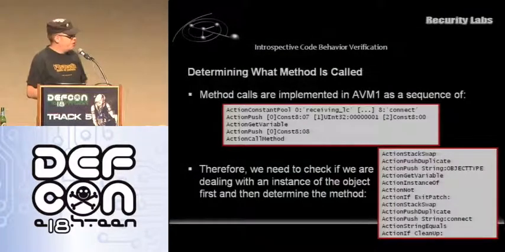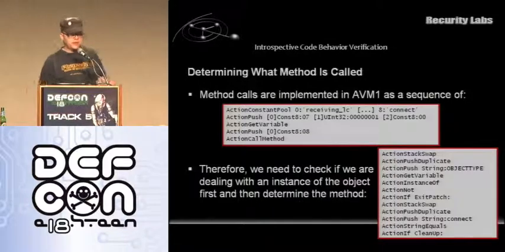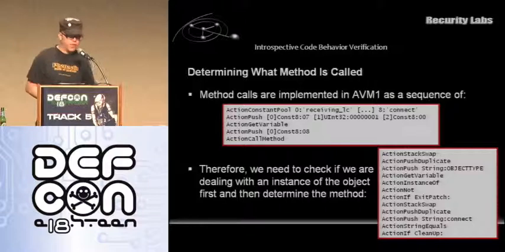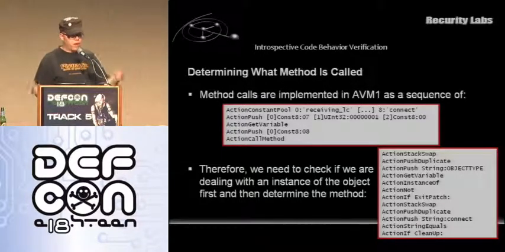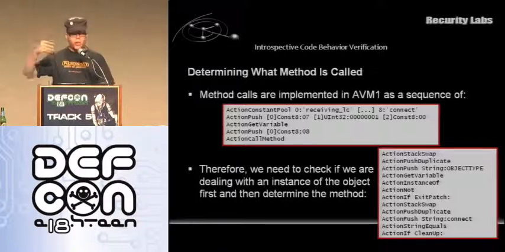Just to give you a feeling, there's a complete assembler for AVM1 and 2 in Blitzableiter. You can write Flash assembly in text files and use that as a replacement, so you have a pretty high level of freedom. So this is the assembly for AVM1 of how it calls methods, and on the right-hand side you see all the instructions you need to execute to even figure out which method of which object is called.